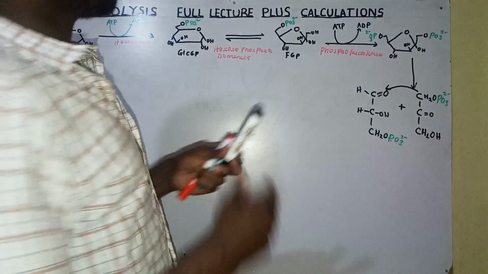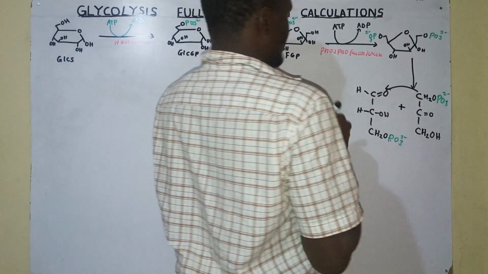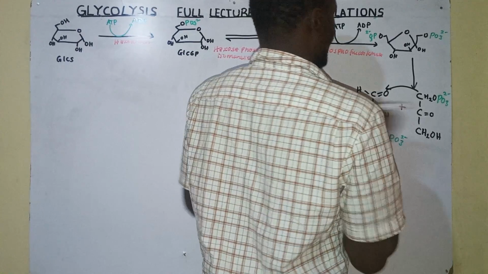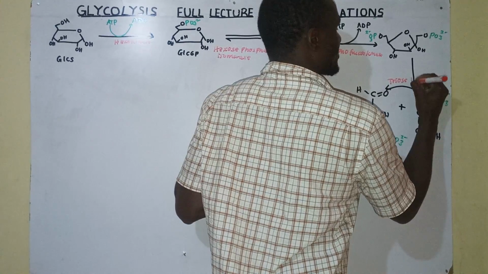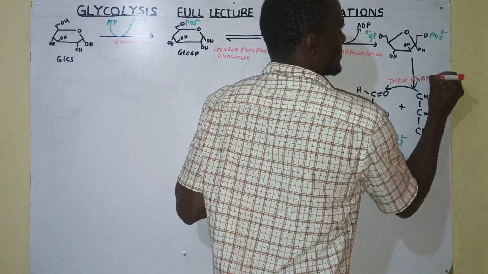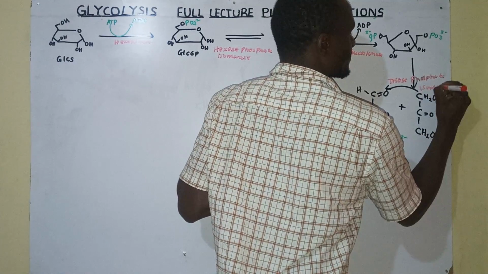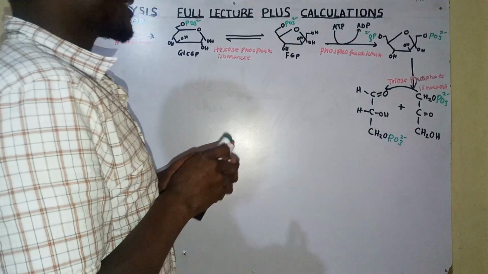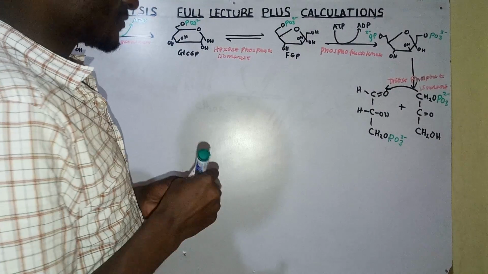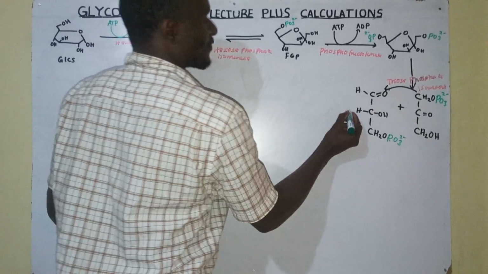So since they have got 3 carbons, our enzyme is called triose phosphate isomerase. So we go to the next step. So this is step number 5. Step number 6.